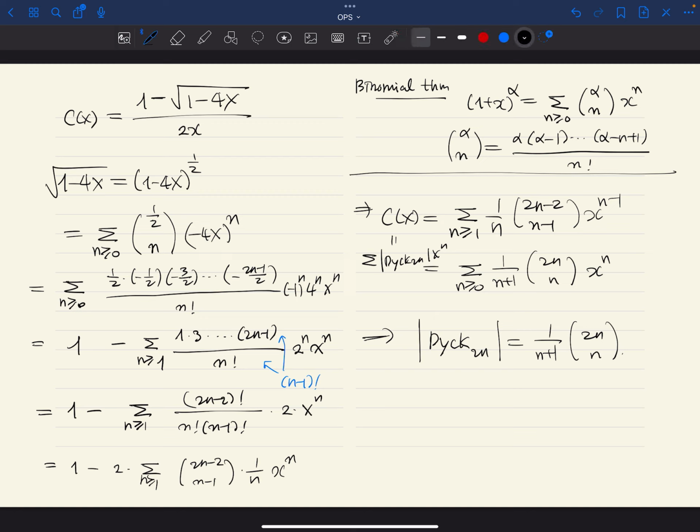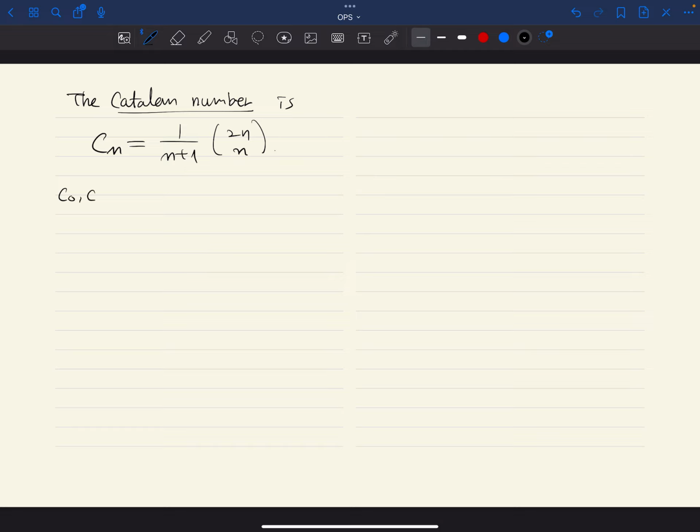And this number here is called the Catalan number. The Catalan number is Cn, and it is just the number that we saw. The first few numbers, C0, C1, if you compute this, it goes like 1, 1, 2, 5, 14, 42, 132, 429.